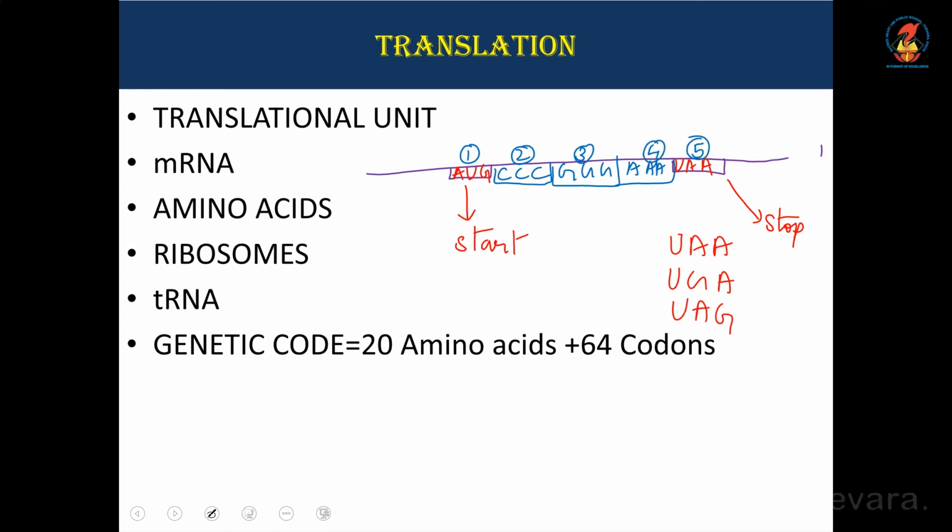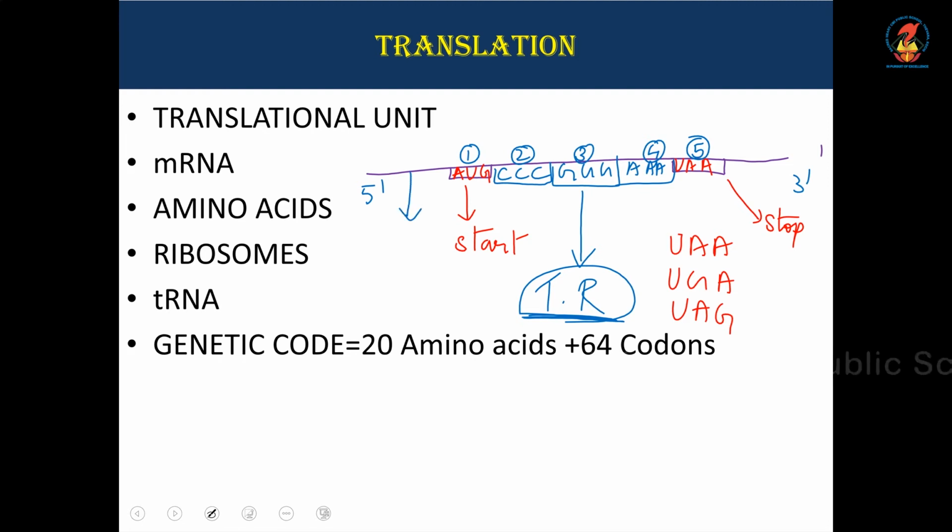Clear? So, I have indicated an mRNA, and do not forget the polarity running in the 5 prime to 3 prime direction. So, which is going to be translated? This region is going to be translated. So, this is called the translated region, which I am indicating with the abbreviation TR. Now, the region before the start codon and the region after the stop codon are the UTRs.